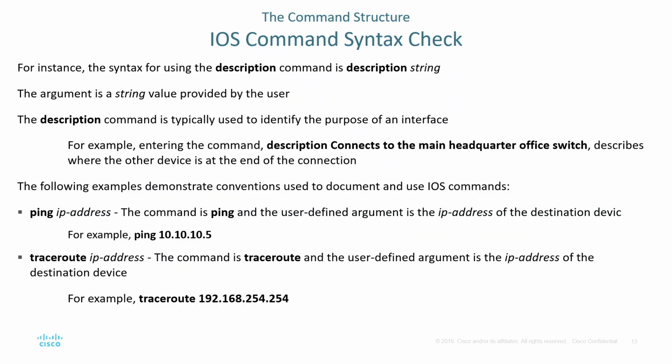So the syntax for using the description command is description and then a string of words, which is whatever you want to identify. So the argument is string, a string value which is provided by the user. The description command is typically used to identify the purpose of an interface.